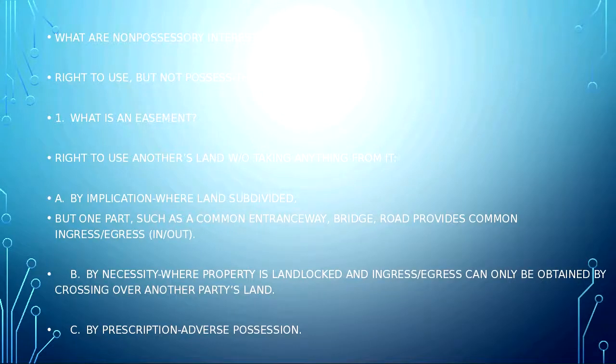And so this is what we would simply refer to as an easement by implication, and there is a legal right for third parties, in order to get to the lake, to enter your private property and use that road. Easements by necessity is where property is landlocked, and getting in and getting out can only be obtained by crossing over another person's land.